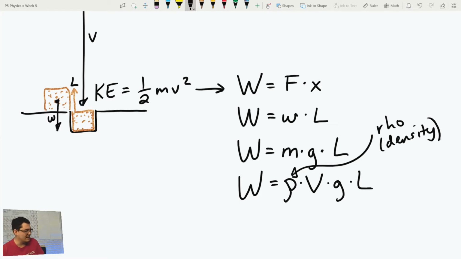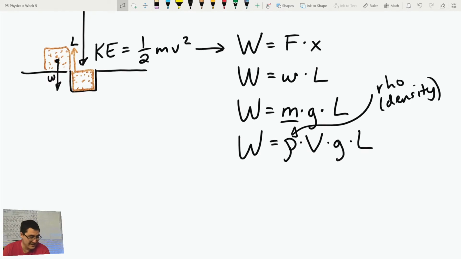Copper has a density, I think, of about 7 grams per cubic centimeter. So that's just density, the same thing you knew from physical science. Density times volume is equivalent to mass. And then last, I'm going to replace volume, I know this is a lot, with L cubed.